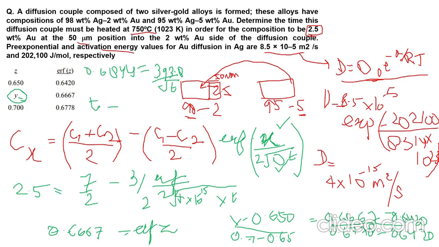Now ERF of something, that was ERF of this whole function, was solved from the table. So you found the value of y from the table. So you equated y is equal to ERF of z. So you know the value of ERF of z from this part, this whole of this is 0.667. Now you can calculate the value of y, and from interpolation you calculated y and put it here.